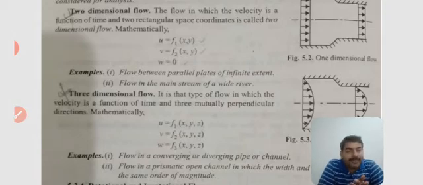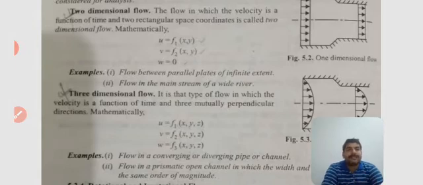Next is two dimensional flow, the flow in which the velocity is a function of time and two rectangular space coordinates. Mathematically it can be represented by u is equal to f1(x, y) and v is equal to f2(x, y), and the third component of the velocity is 0, that is w is equal to 0.